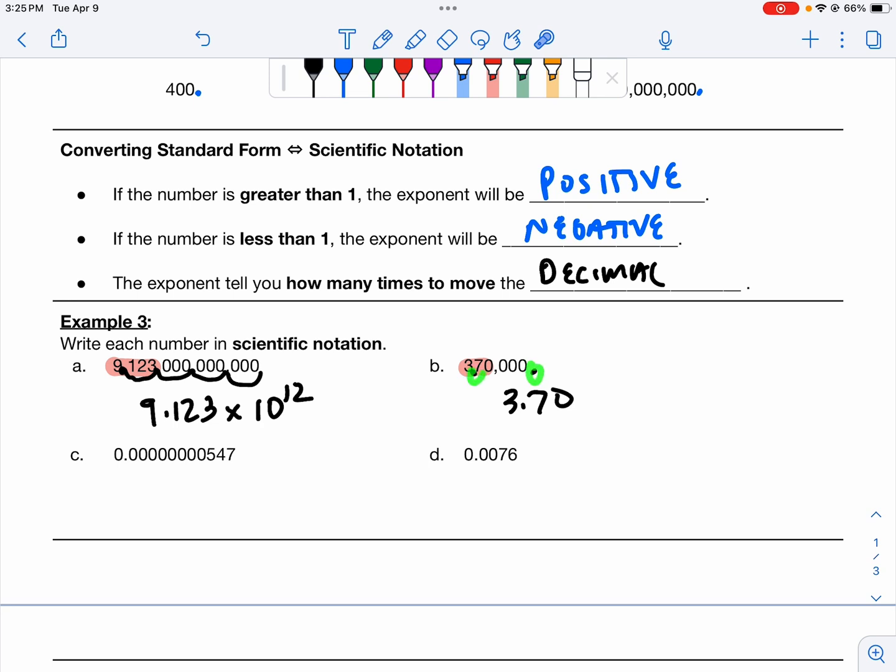So let's go ahead and count 3, 4, 5 times. So we're going to have 3.70 times 10 to the 5th power. You could write this as 3.7 times 10 to the 5th. That would work as well. I should have mentioned on the first one, this 3 is unnecessary. You could leave this as 9.12.